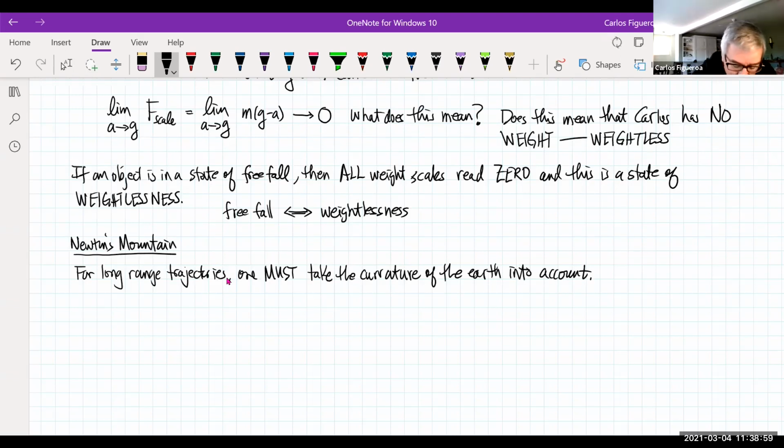And what we find when we look at the Earth is that the Earth actually has a curvature, of course. So the question is, how much is this curvature?